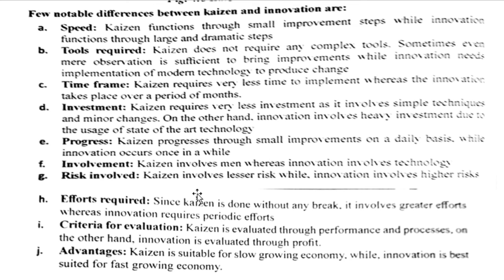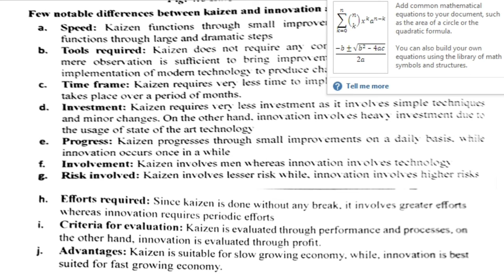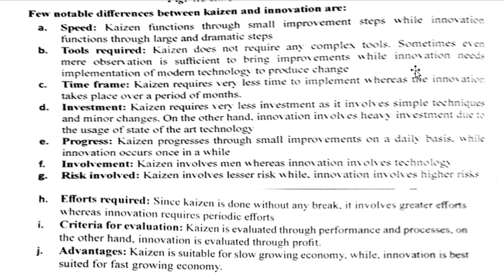So just listen here. What are the differences you can find between Kaizen and innovation? In case of speed, Kaizen functions through small improvement steps while innovation functions through large and dramatic steps. Tools required: Kaizen does not require any complex tools.